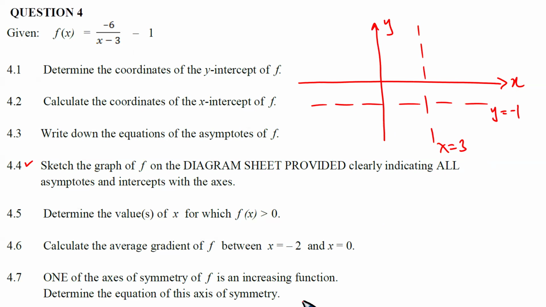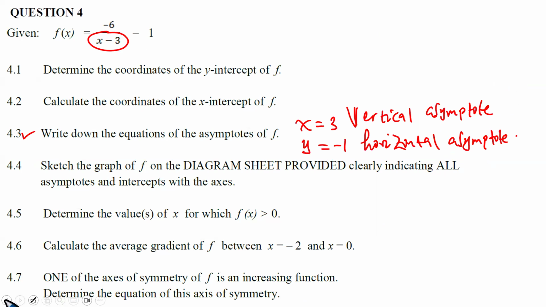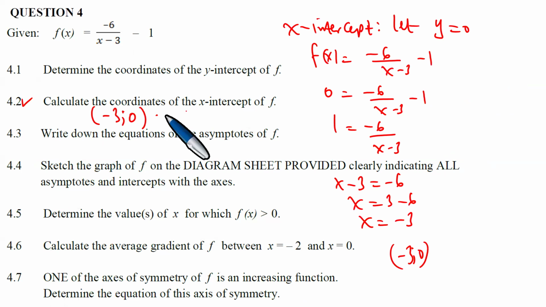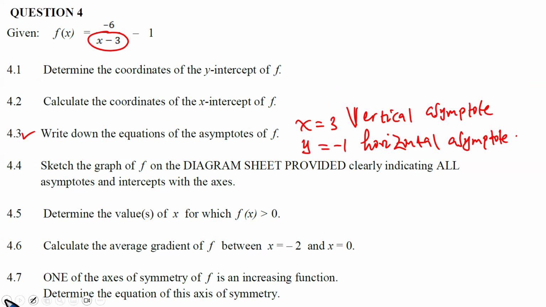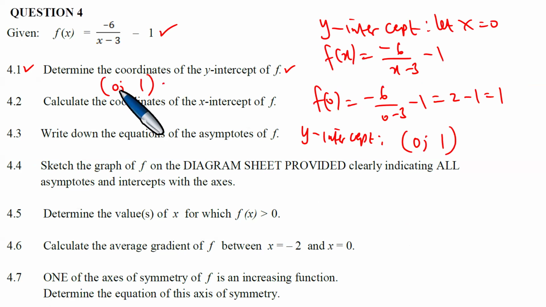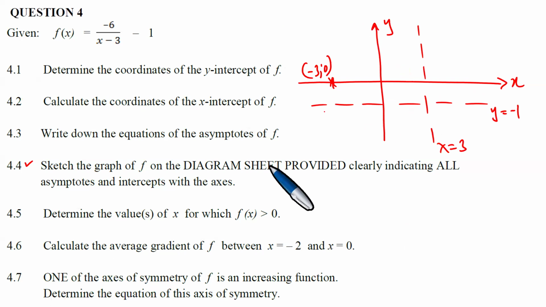Right, so we have seen the intercepts with the axis: the x-intercept is minus 3 and 0. And then we also have the y-intercept, which is 0 and 1, where y equals 1.